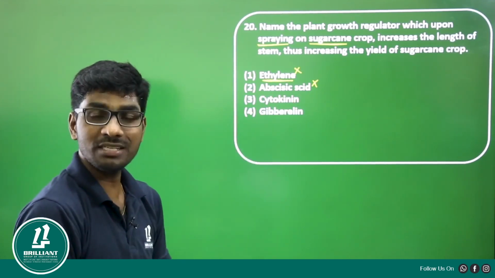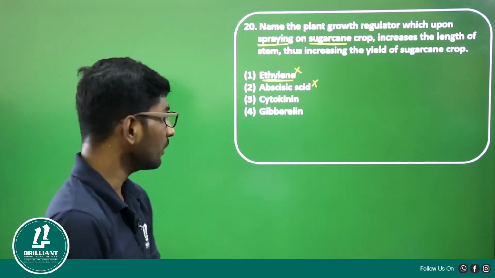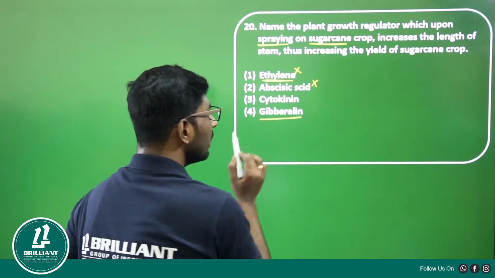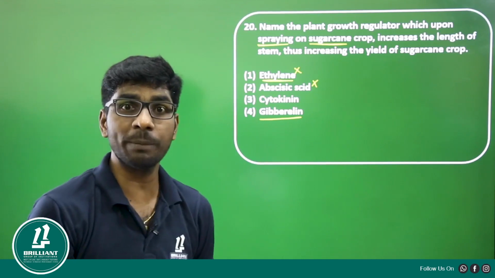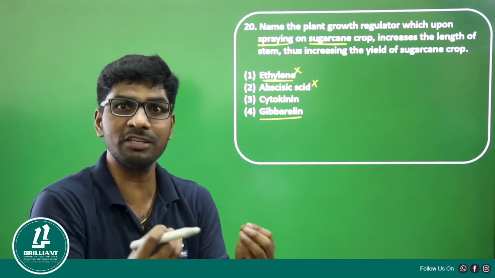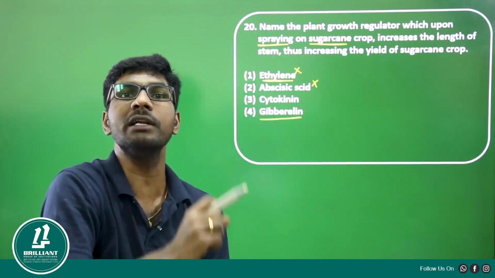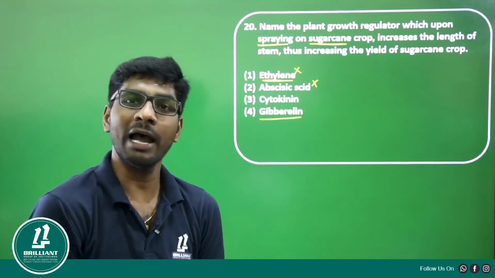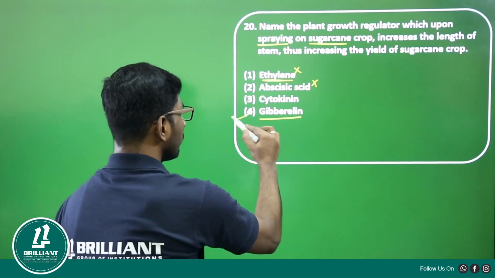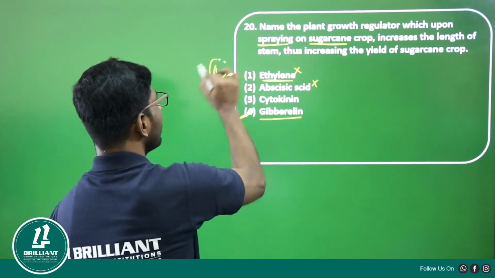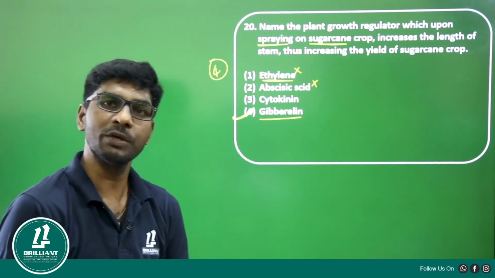Number 3, cytokinins, cell division hormone. Last one is gibberellins. When we spray gibberellic acid on the sugarcane crop, the length of the stem will increase and it will give a good harvest. So the correct answer of this question is what? Gibberellins. Question number 20, answer is 4.